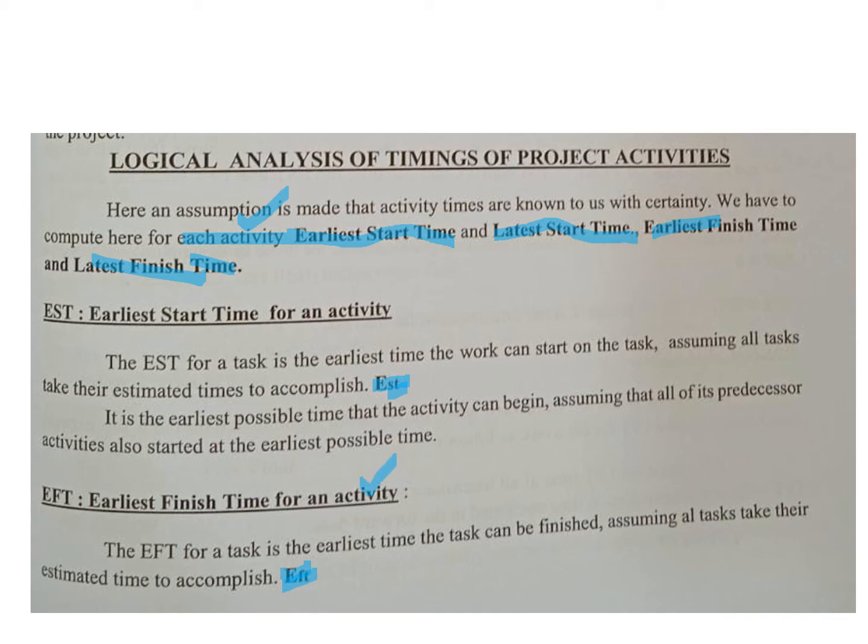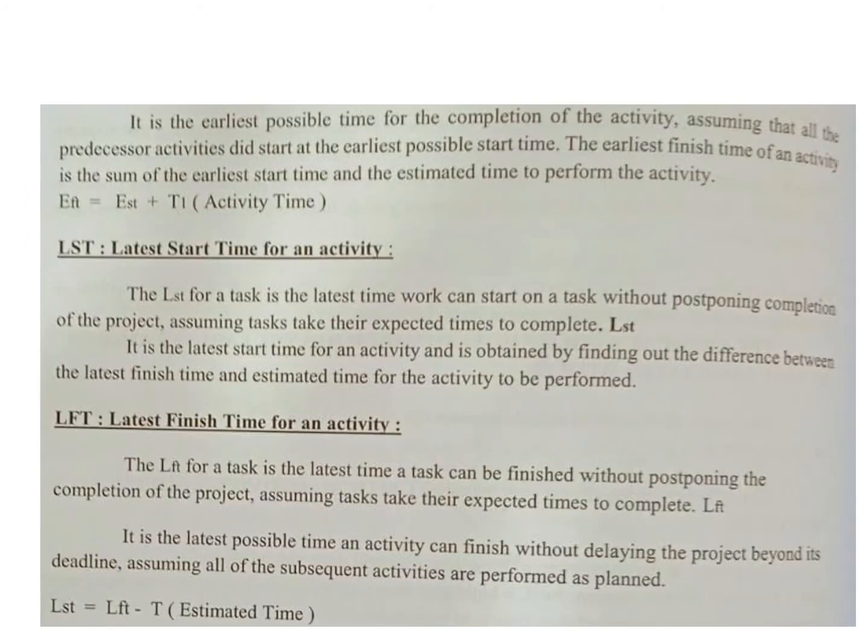EFT earliest finish time, EST earliest start time. And similarly we have got the LST. The LST is the latest start time and the latest finishing time, right? What this LST and LFT are, we will understand shortly after considering an example.